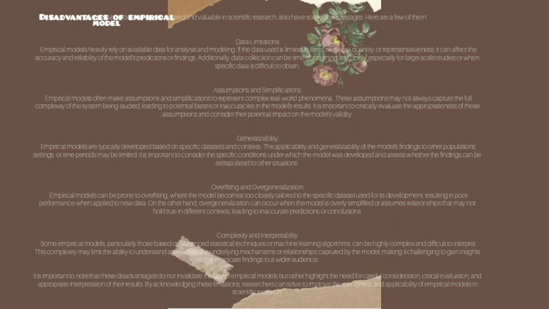So let's proceed to the disadvantages of empirical models. While empirical models are widely used and valuable in scientific research, they also have some disadvantages. Here are a few of them.